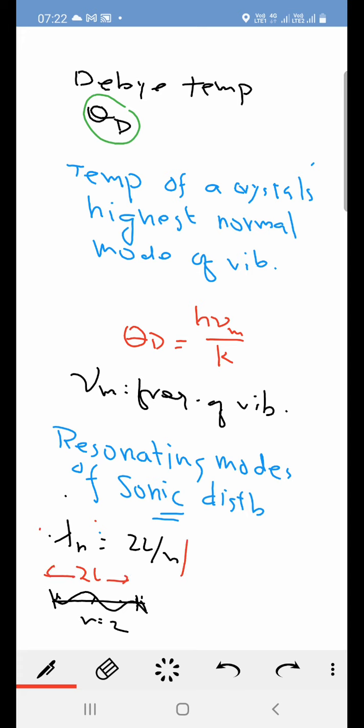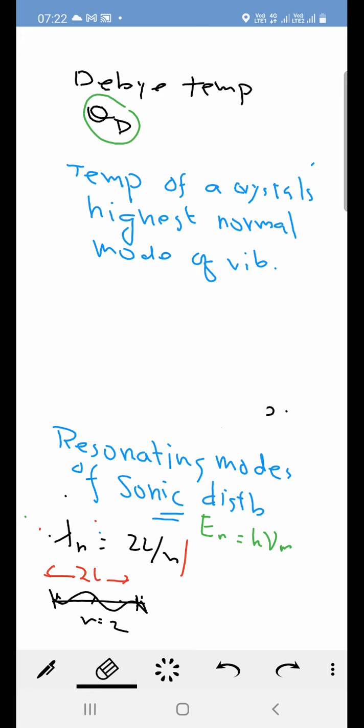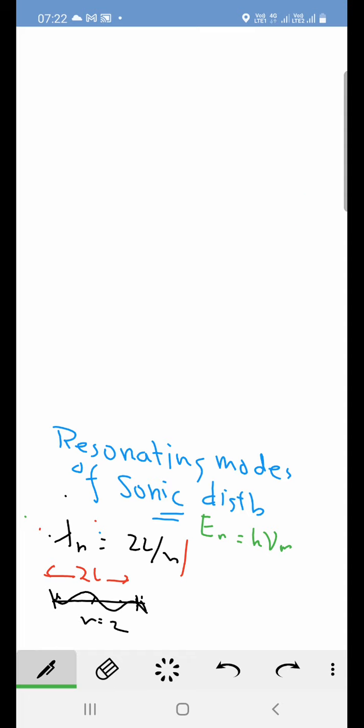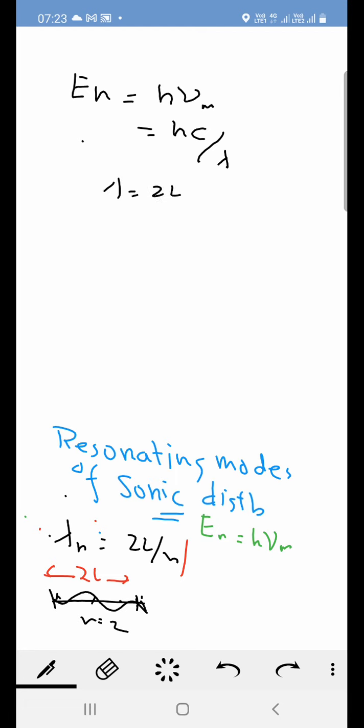And the energy associated with this is En, and it is equal to h nu m, and h is hc by lambda, and we know that lambda is equal to 2L by n.